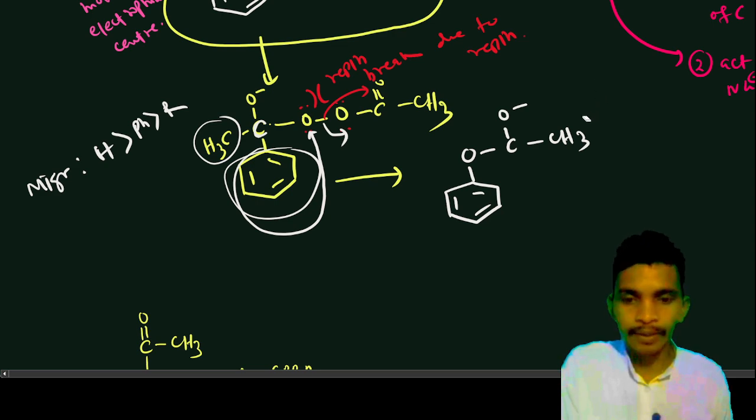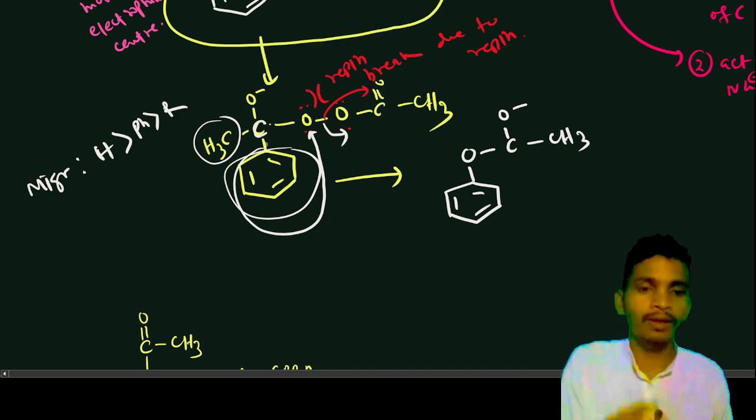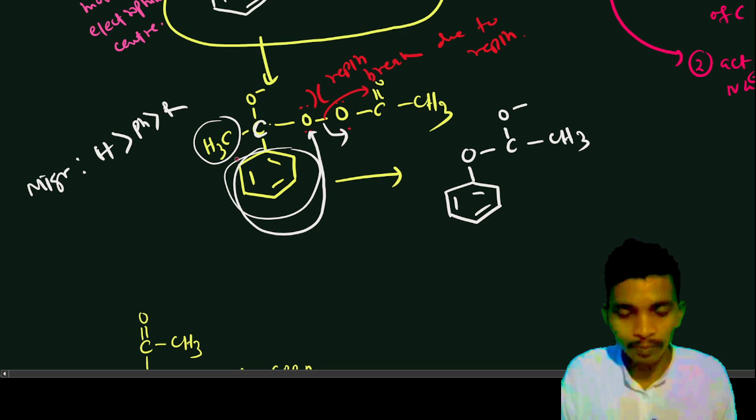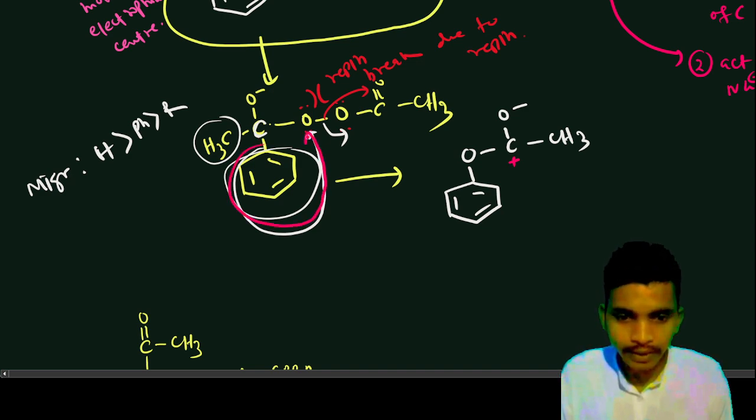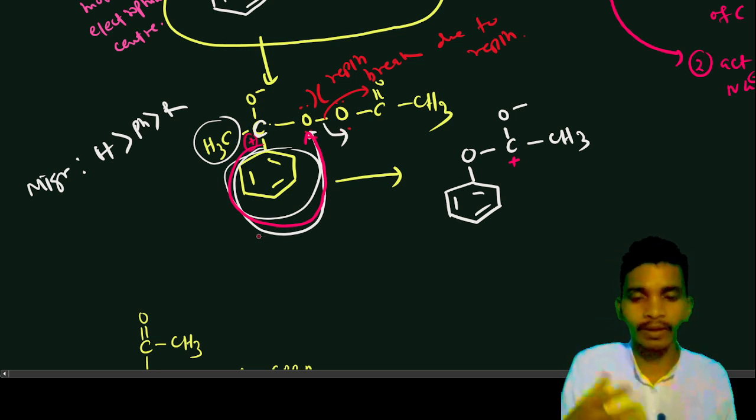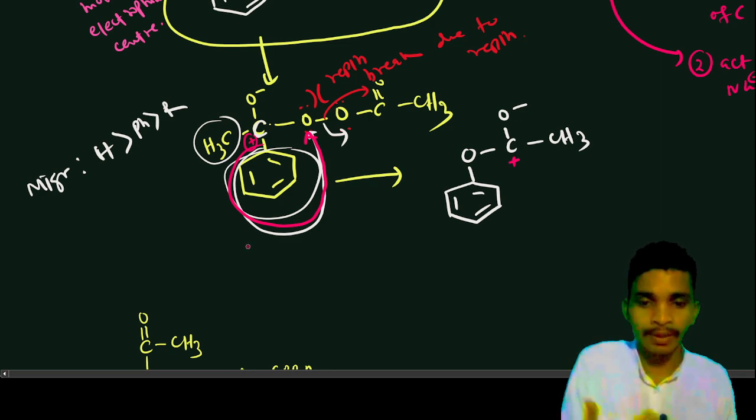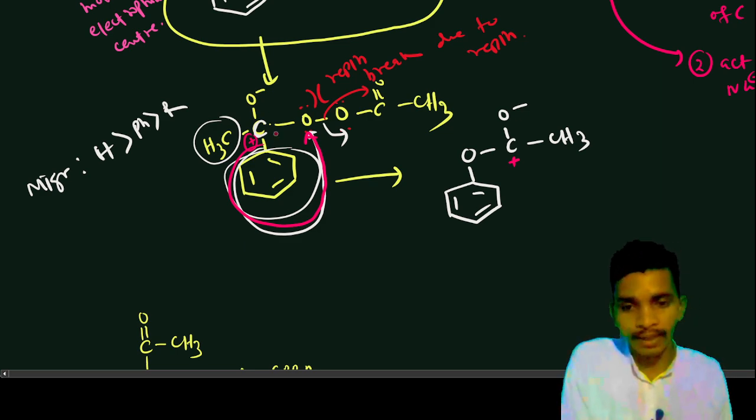Whenever a group is shifted, it migrates to here. I already discussed that if any group migrates, then this carbon will get the positive charge. If this group is migrating from here to here, then this carbon will get the positive charge. That is what I discussed in the pinacol rearrangement, semipinacol rearrangement. If any group migrates, then that carbon gets a positive charge.